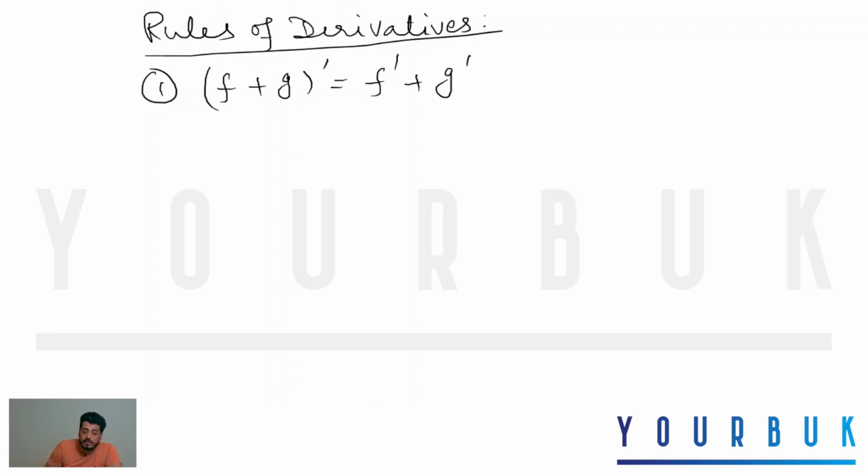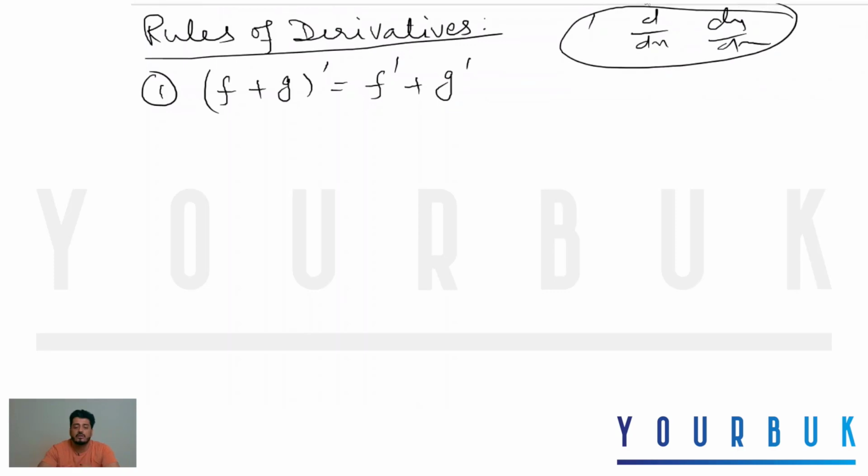I hope you know the symbols f dash x, dy by dx, or d by dx; they all denote the differential coefficient with respect to x. Similarly we have the difference rule, which says that the derivative of f minus g is equal to the derivative of f minus the derivative of g.